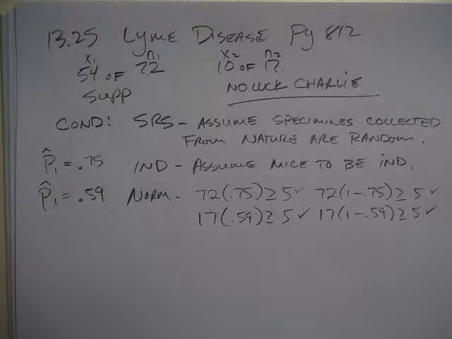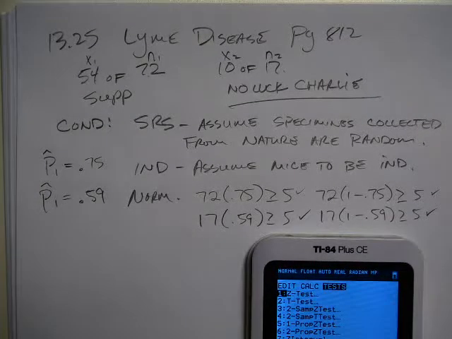Now we can do our calculation. It's a confidence interval. So we are going to use our test in the calculator. We want, it's actually not a test, it's an interval, right? We want the 2 prop z int.